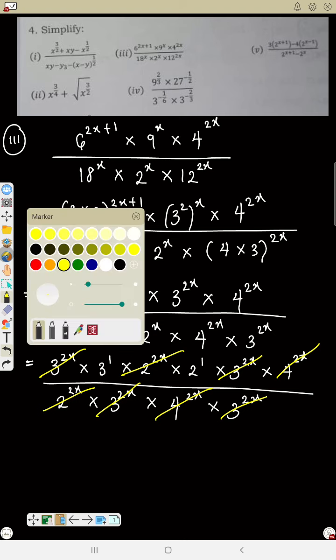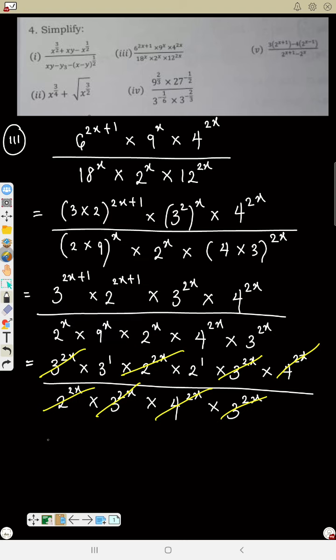So it remains 3 raised to power 1, 2 raised to power 1, which is 3 times 2. So 3 times 2 is 6. So that means the correct answer to this question is 6.